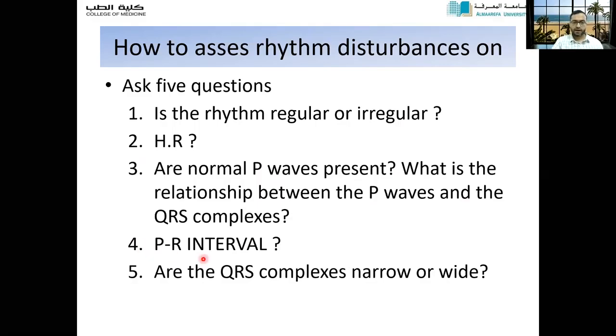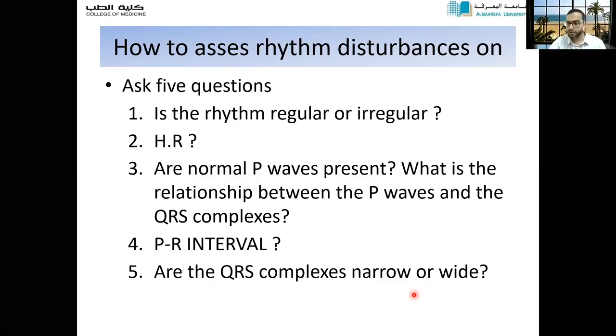What is the PR interval? Is it prolonged or shorter? And are the QRS complexes narrow or wide? Because I told you, when the QRS complexes are narrow, it suggests that the beats are originating in the atrium. But if the QRS complexes are wide, it suggests that the beats originate in the ventricle.